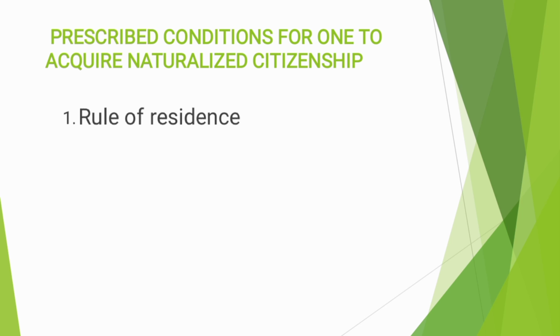For example, in Zambia, the minimum period for foreigners to qualify for citizenship of our country is 10 years. A continuous stay of 10 years in Zambia, you qualify to be a citizen. That's the rule of residence.